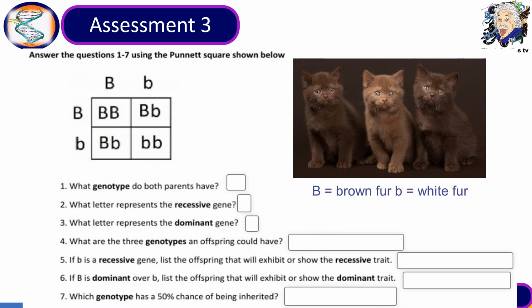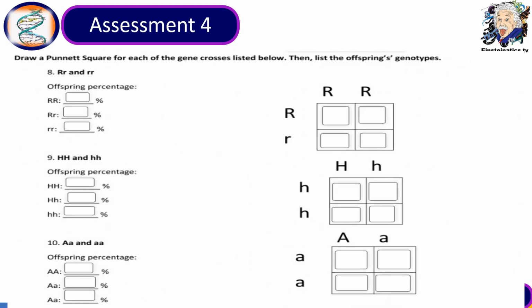For assessment number 3, you are going to answer the questions 1 to 7 using the Punnett square as your example. For assessment number 4, what you will do is you are going to draw a Punnett square for each of the gene crosses listed below. Then you are going to list the offspring's genotypes.